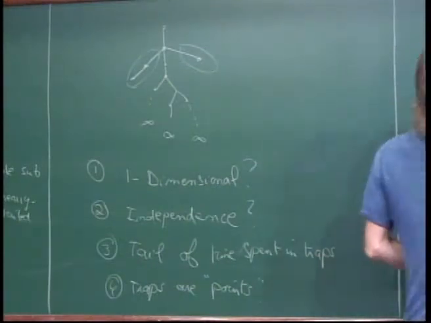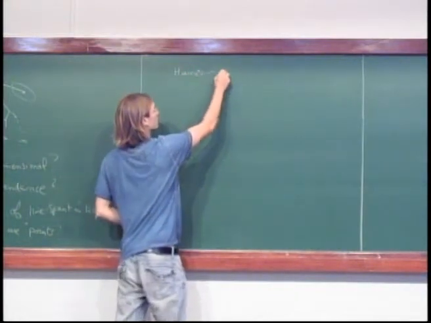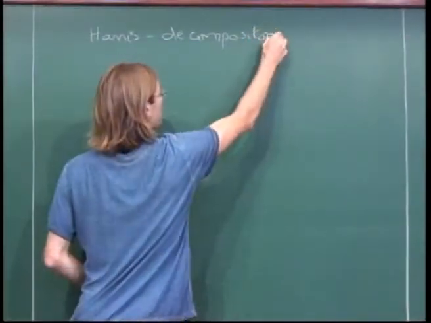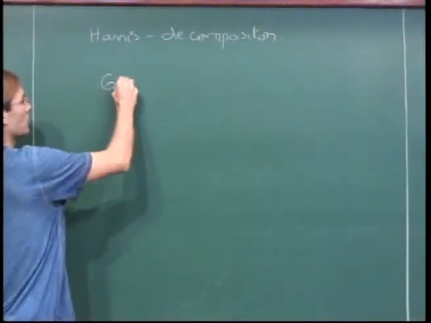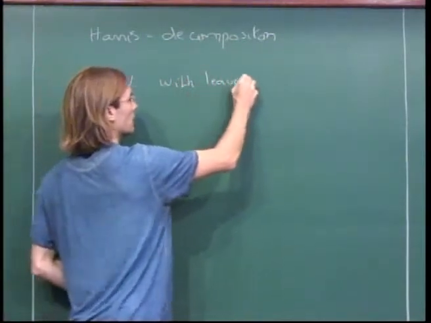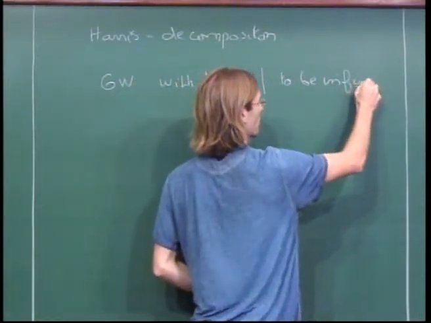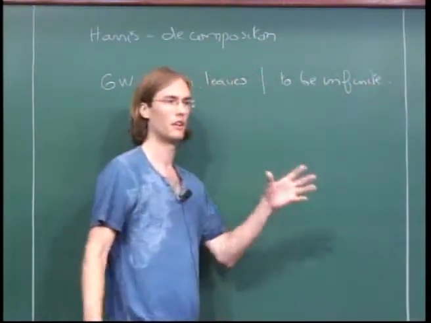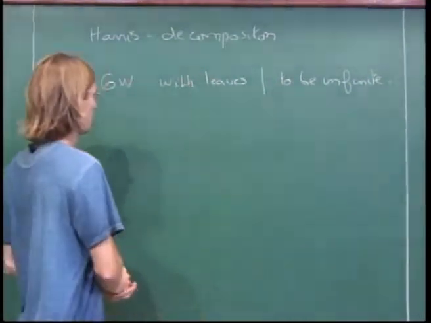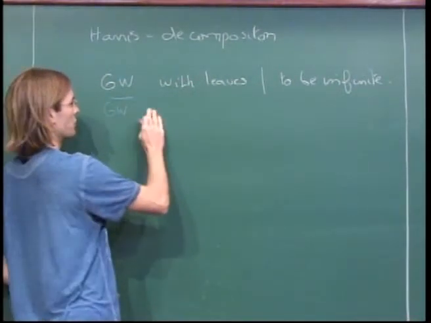So there's a really nice way of making the decomposition, which is called the Harris decomposition, which actually tells you that if you start with a Galton-Watson tree with leaves that you condition to be infinite, which is exactly our setting here, what you can actually do is decompose it into a Galton-Watson tree without leaves.